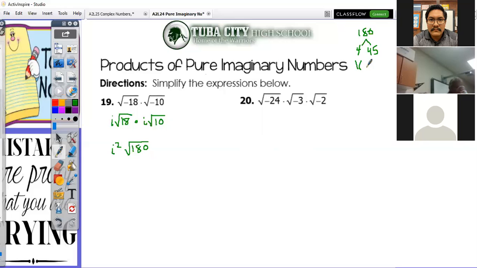Let's try maybe 16. I don't think 16 is going to work out either, actually. What we could do is try 36. 36 times 5. And this looks like the combination that we're going to need.